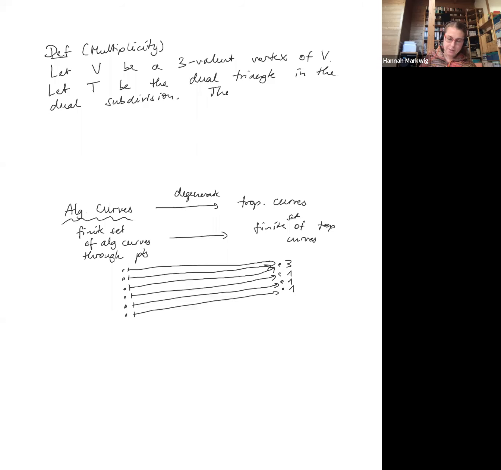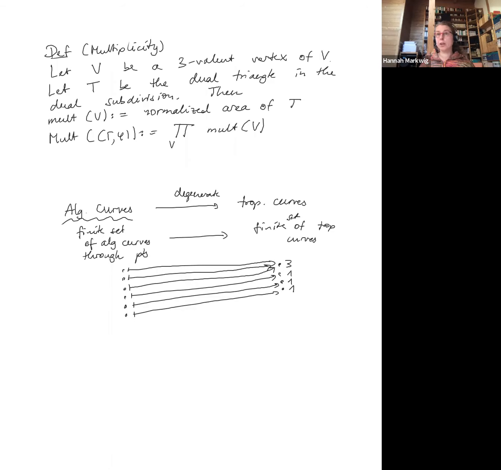And then we define the multiplicity of V to be the normalized area of T. And we define the multiplicity of a tropical plane curve, a simple tropical curve I should say, as the product over all 3-valent vertices, because then we have only 3-valent vertices, and we take the product of the multiplicities.